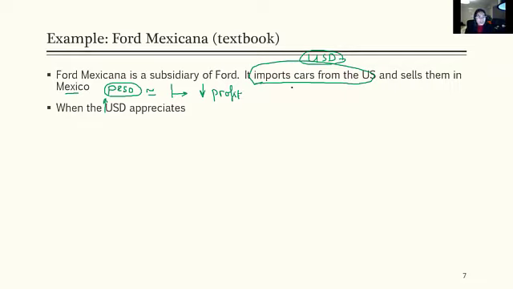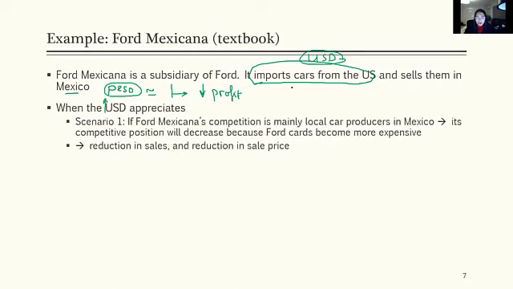Now let's take into account the product market in our analysis, okay? So in this case, in scenario 1, my competitors are mainly local car producers in Mexico, okay? So here I've got a business model where I import cars from the US and I sell to Mexican consumers.